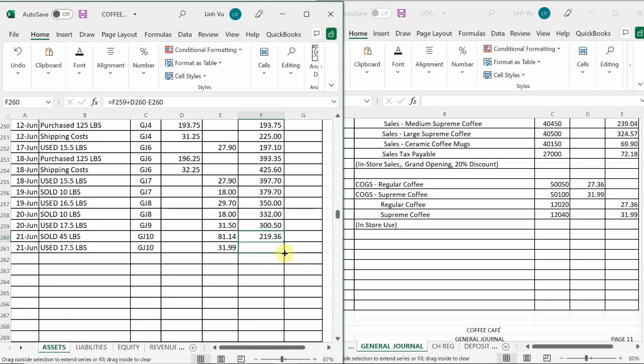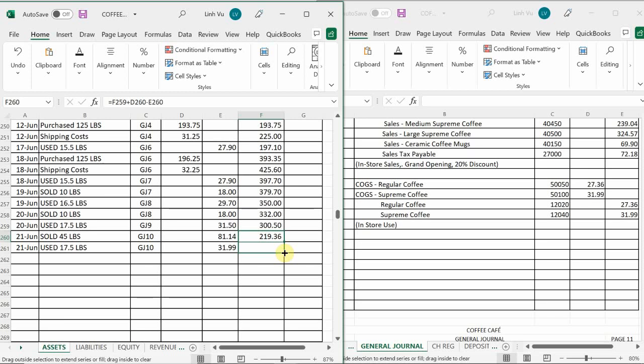219.36 minus, add, no, you're right, minus 31.99. Let me do this again. 219.36 minus 31.99.